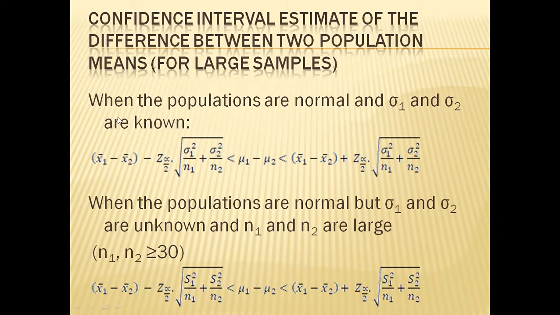Let's see. When the populations are normal, meaning the populations are taken from the normal distribution, and sigma 1, which is the standard deviation of the first population, and sigma 2, which is the standard deviation of the second population, are known, then you are going to use this first formula.